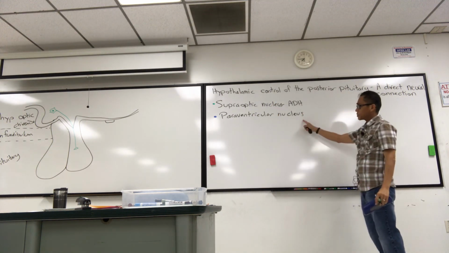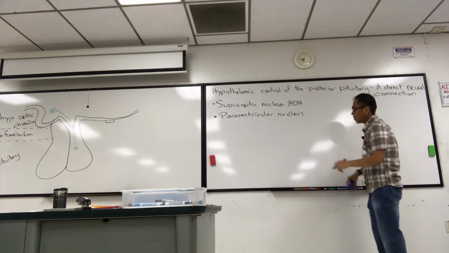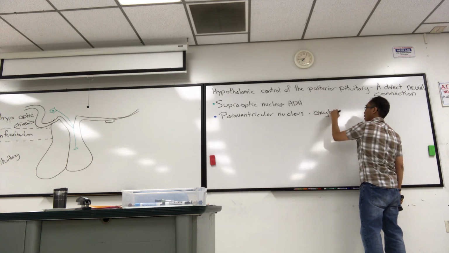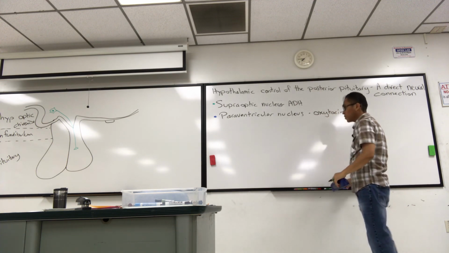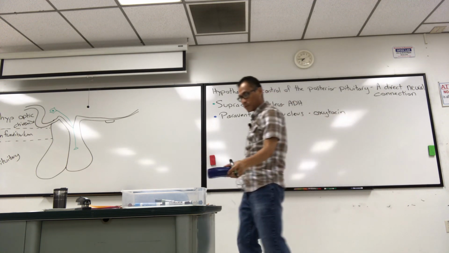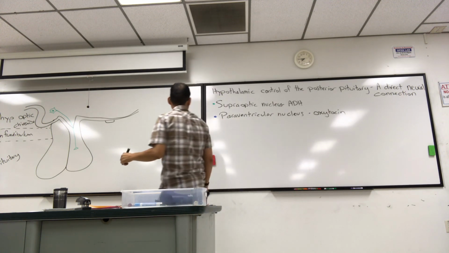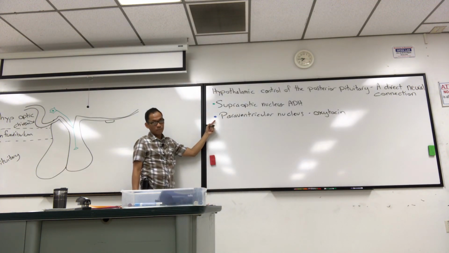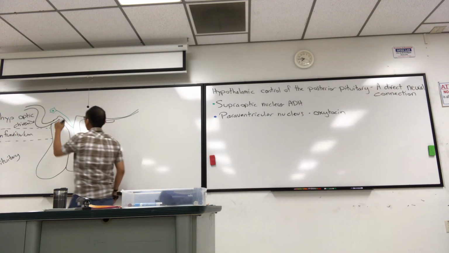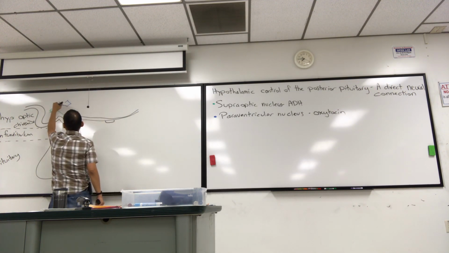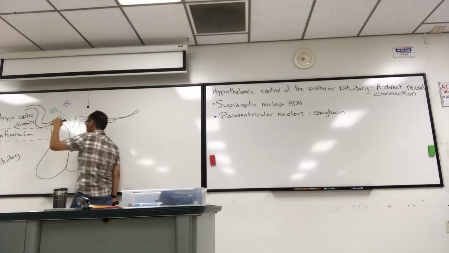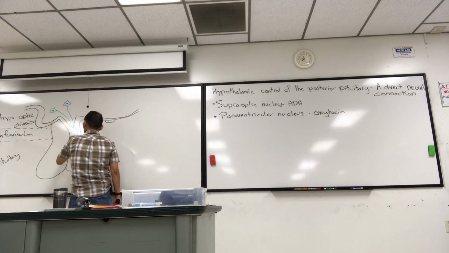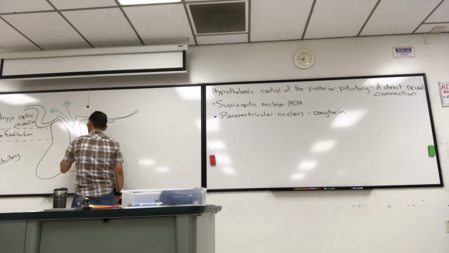Well, anyways, this cluster of cells will secrete the hormone oxytocin. So let me draw the approximate location where these cells are located. It's called paraventricular because they're right by the third ventricle, and that'll be right around here. So there's the cell body. It synthesizes the hormone, then the axon will transport it down here and release it from there.